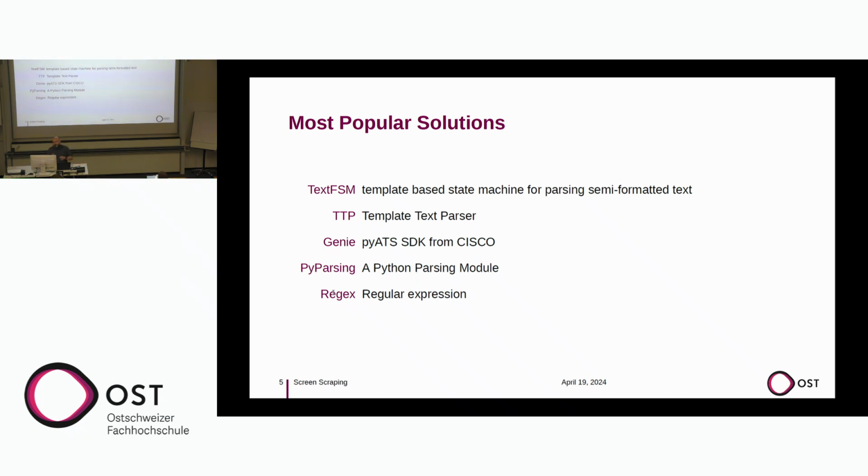And the idea with TextFSM and TTP is to have something that can help us a little, and the general idea is to not be the only one who is suffering, but share our suffering with the community, contribute templates, for example, so that we can all test and get something as stable as possible.